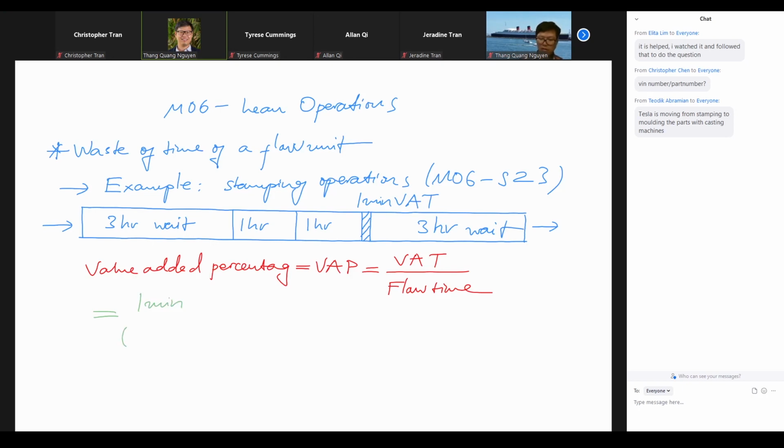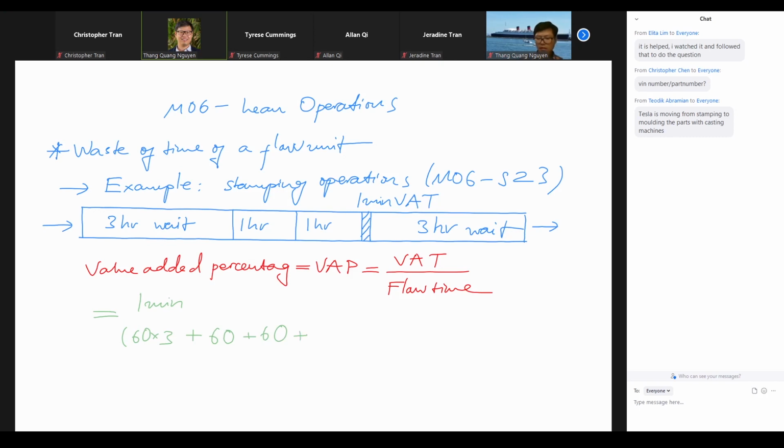So let's look at the whole process, right? We need to convert everything to minutes so that we can compare the numerator and the denominator. So in the denominator, we do 60 minutes times 3 hours, right? And then 60 minutes. Oh, I'm sorry, this is not multiplication. It is addition. 60 minutes, another 60 minutes of wait.